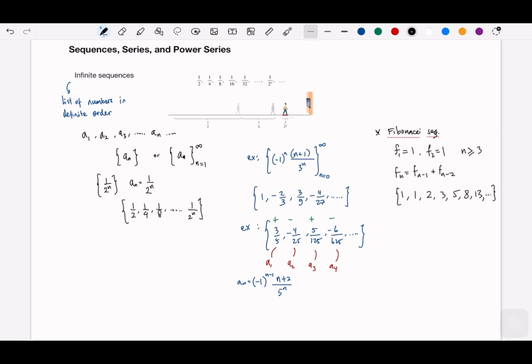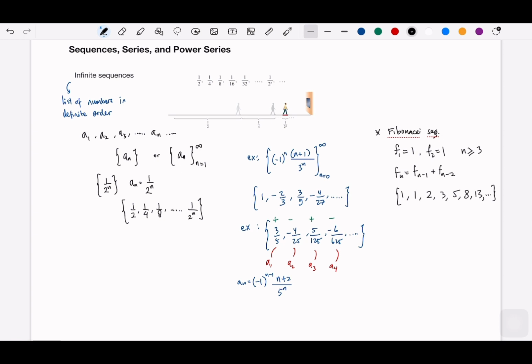If we have a graph or a curve, maybe we could see some representation in functions, and then we can also represent it in terms of series, which we are going to have later on. So that is our goal. From the sequence and then later series, we are going to see that some functions can be represented in series. So that is what we are going to achieve at the end of this topic.